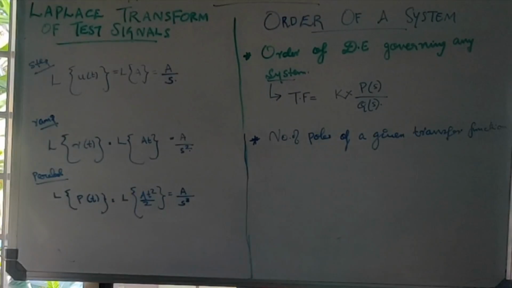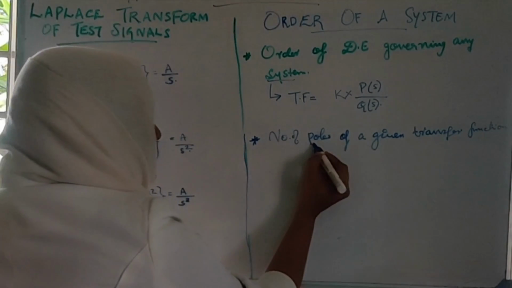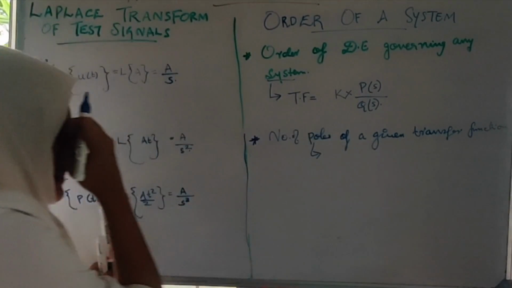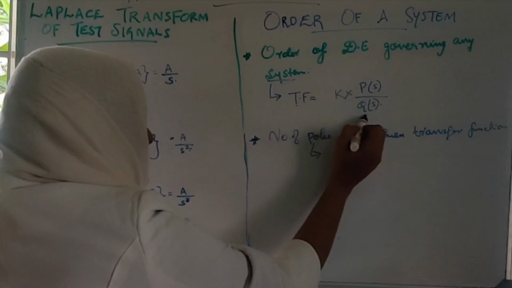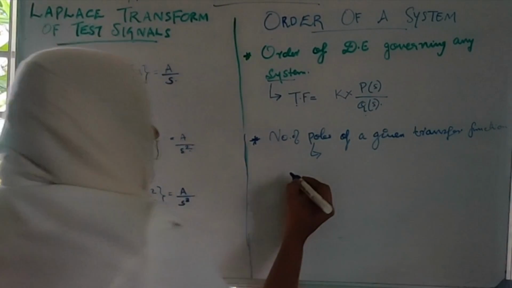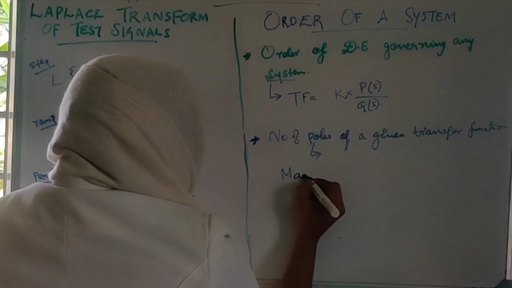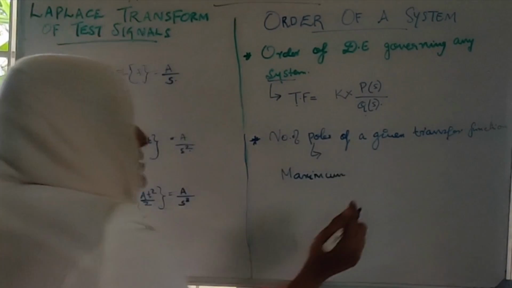So how can we get the number of poles? It is obtained by analyzing the denominator of the transfer function. The maximum power of s in the denominator signifies the number of poles.